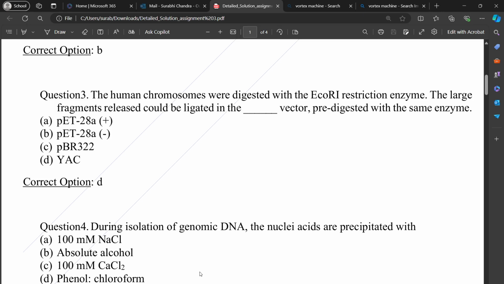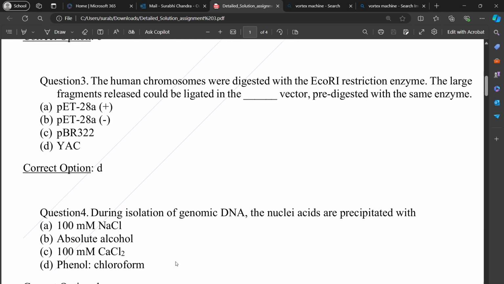Any medium that has a reduced dielectric constant increases the force between two charged particles, right? So we were doing ethanol precipitation, right? What will be the option here? Yes, absolute alcohol.